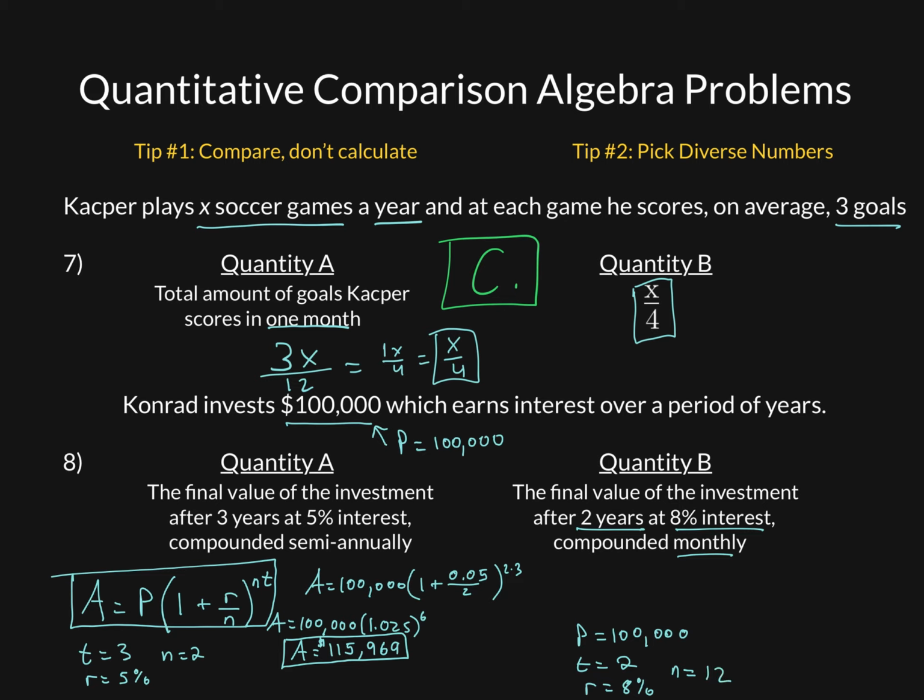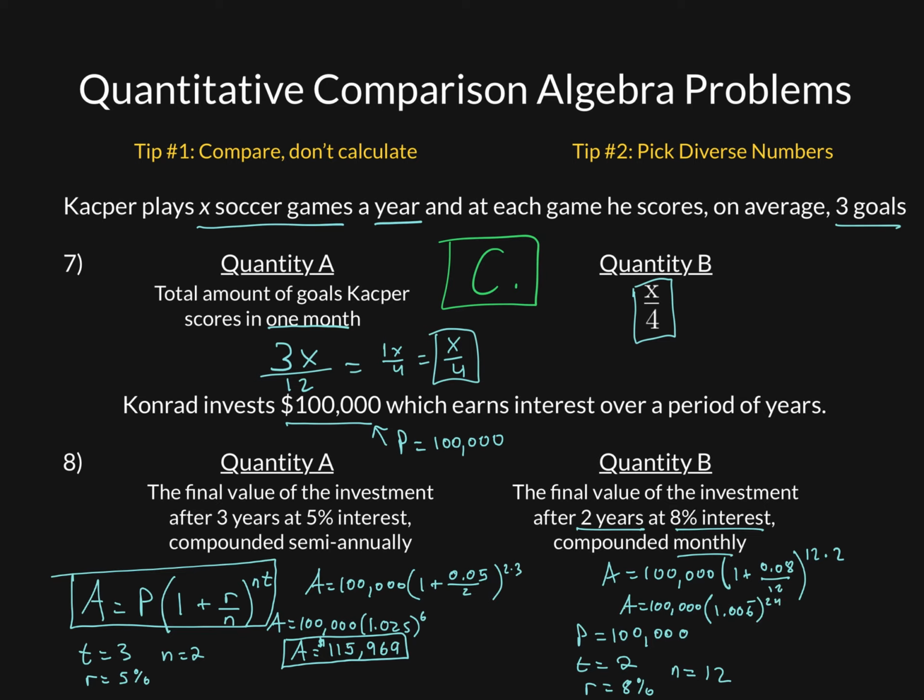So A equals 100,000 times (1 plus r, which is going to be 0.08 over 12, which is n) to the nt, which is 12 times 2. So essentially we have A equals 100,000 times 1 plus 0.08 divided by 12. That's going to give me approximately 1.006 repeating to the 24th power, because that's 12 times 2.